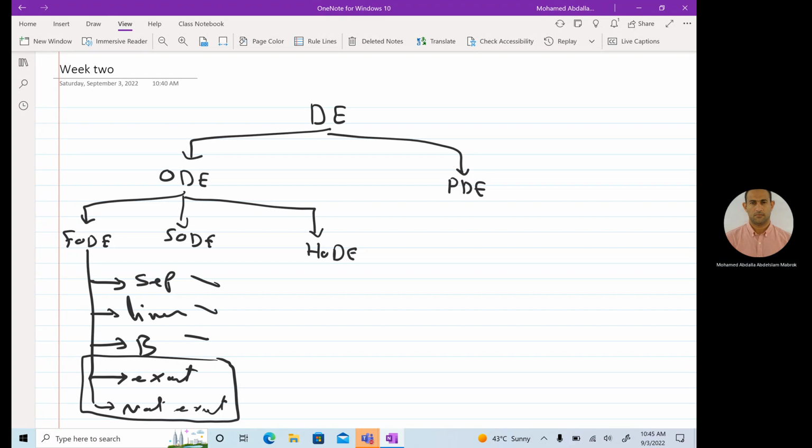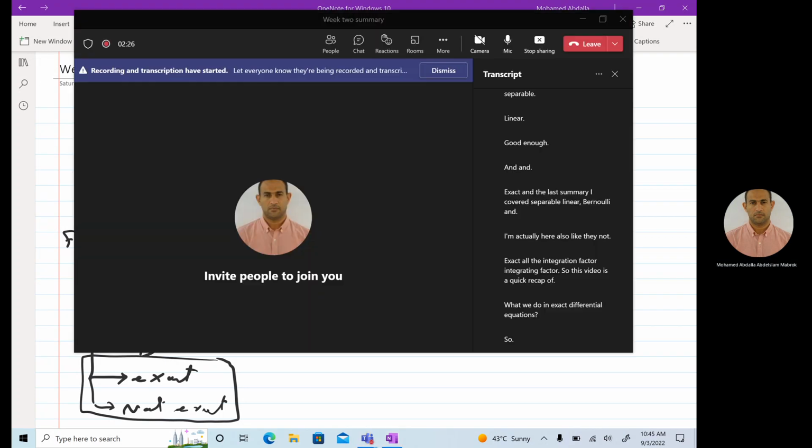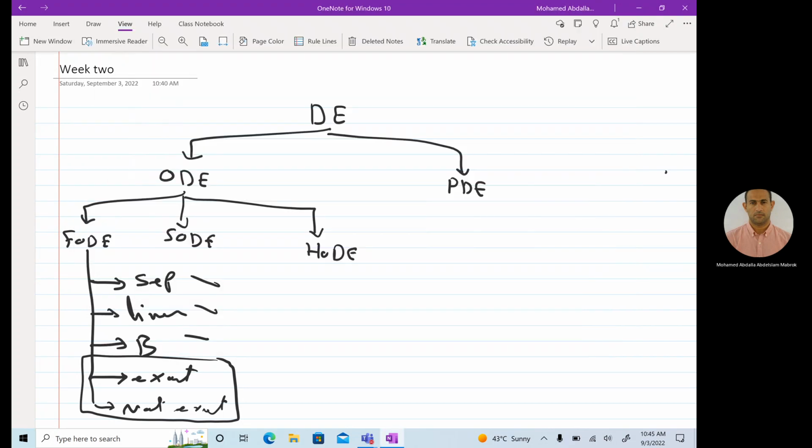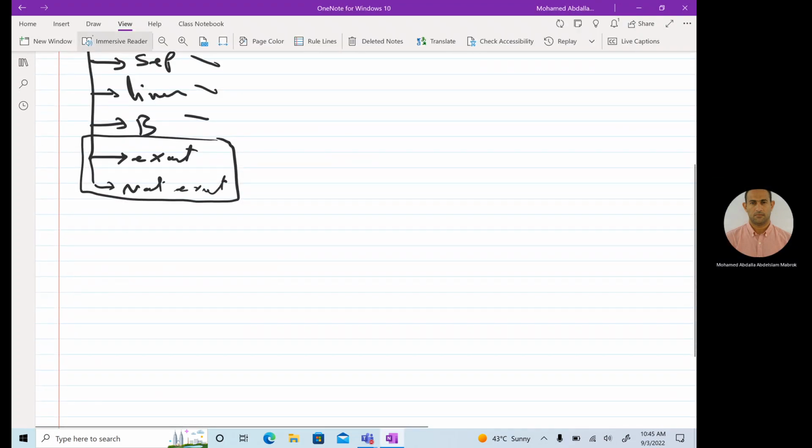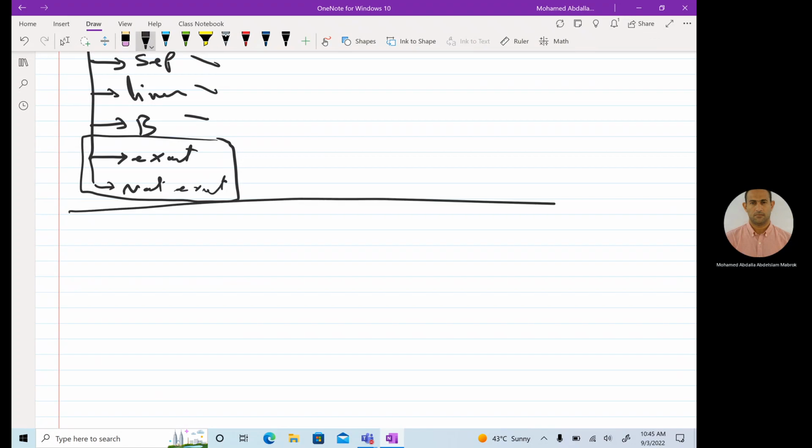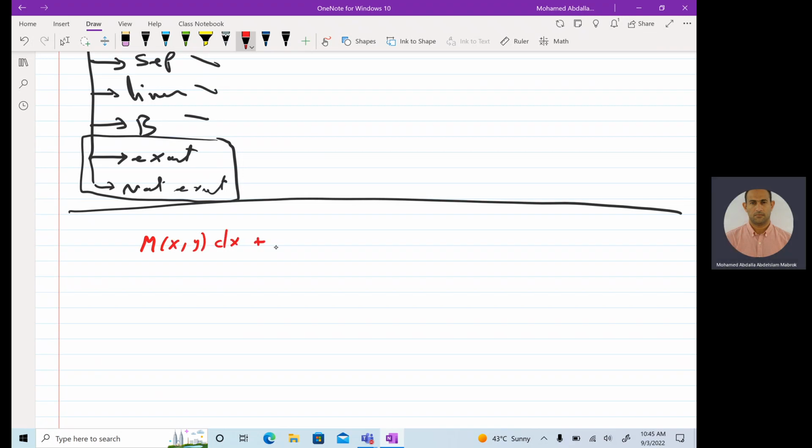As we said in the lecture, a differential equation can be written as a bunch of x's and y's times dx plus another bunch of x's and y's times dy equals 0.